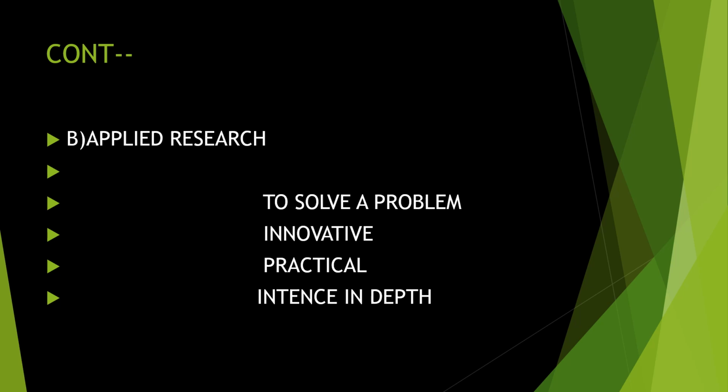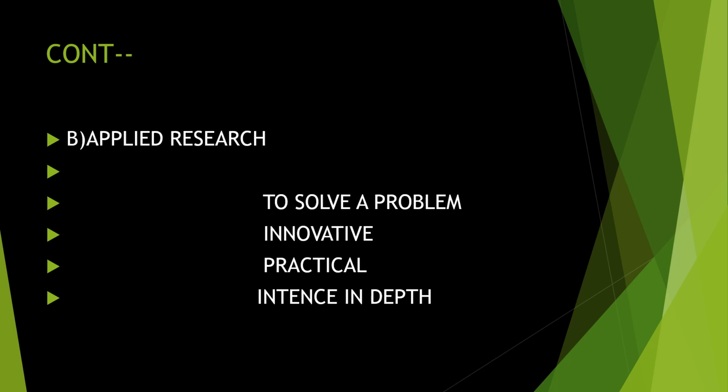That is, a lot of students have a low intelligence level, so they are doing research on how we can solve that problem. To solve a problem, applied research is used. Understood? So it is very useful in daily life and for future purposes also. And it is innovative. Innovative means something new.